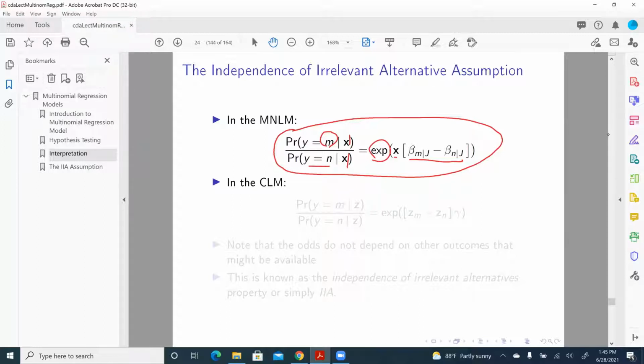So let's say the reference category is J. The comparison for this regression coefficient vector is M compared with J, the reference category, and for the other vector it is N over J. We run the regression and pick J as the reference category, so the regression coefficient vectors here are about the odds comparison of M over J and N over J.